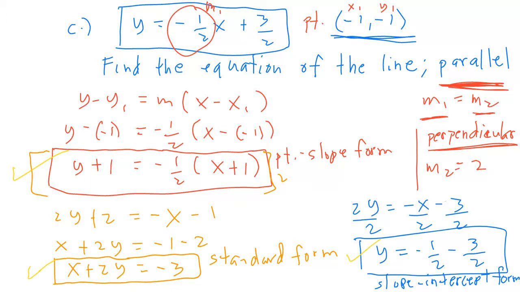So if it says find the equation of the line, it doesn't say what form. But sometimes they will say find the equation of the line in standard form. So you have the answer here for the standard form, so you stop there. But if it's in a different form, we've shown you the different forms. So just follow the direction.